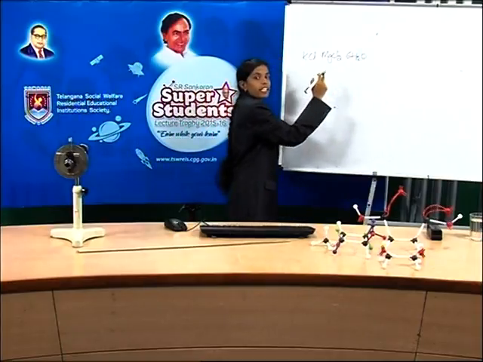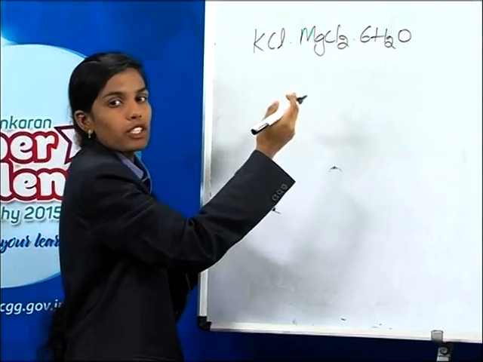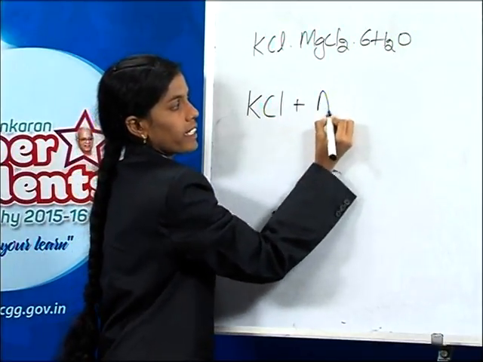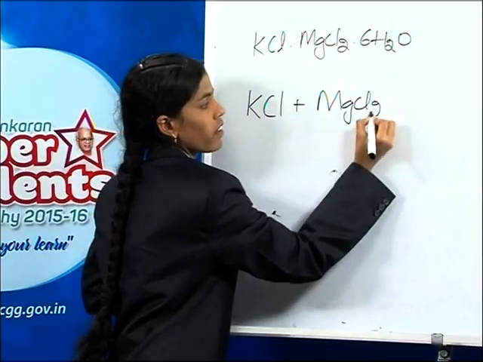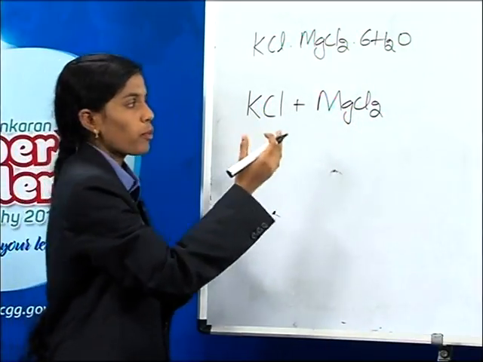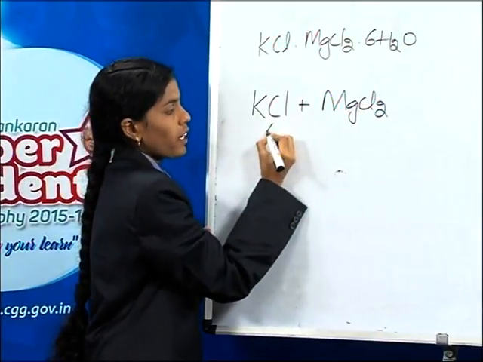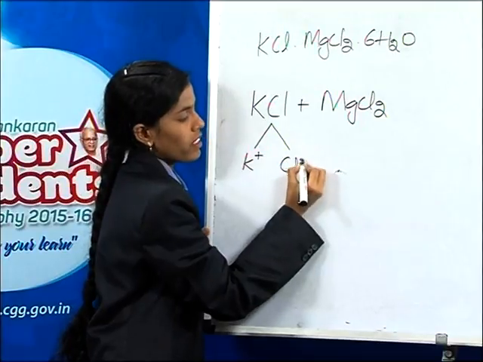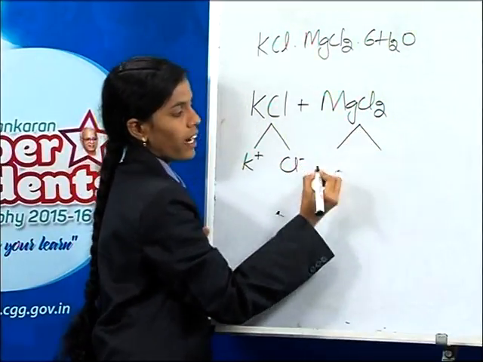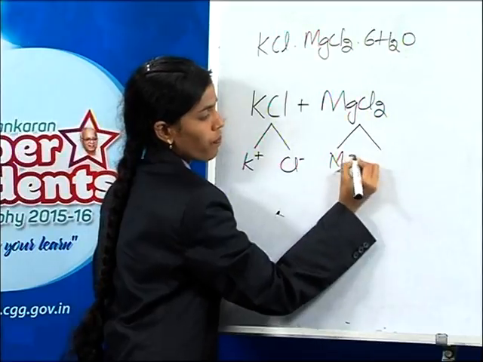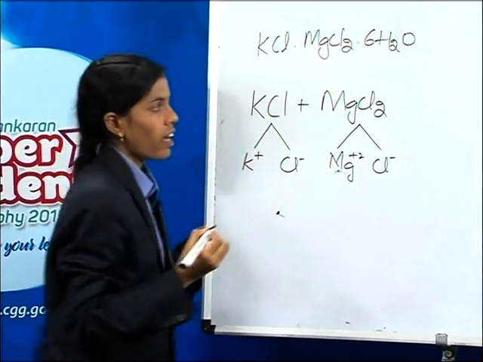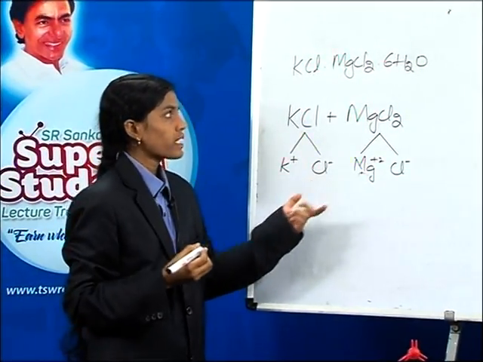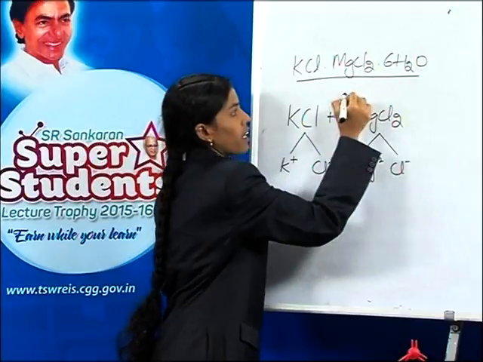It is nothing but carnallite, and this carnallite is formed by mixing potassium chloride and magnesium chloride in their stoichiometric proportions, and we can observe that in potassium chloride we can find K+ and Cl-, whereas in magnesium chloride Mg2+ and Cl- ions, and when they are heated up to evaporation they give rise to a crystalline compound, nothing but carnallite.